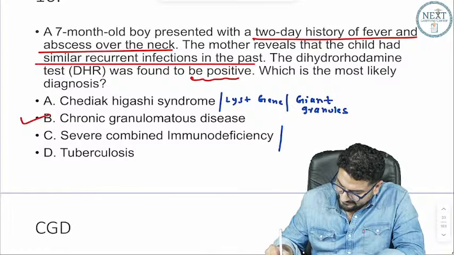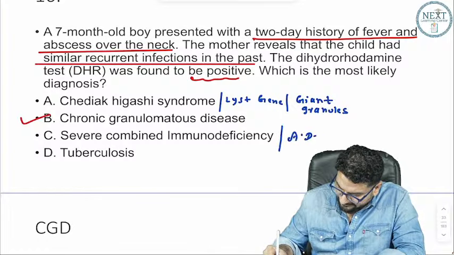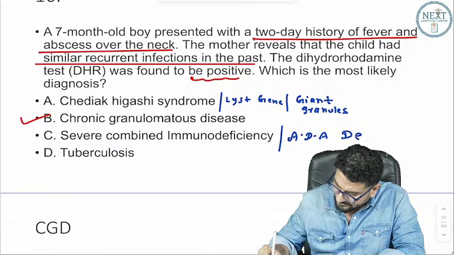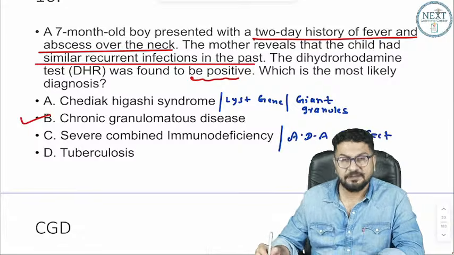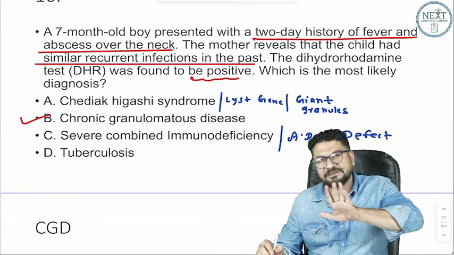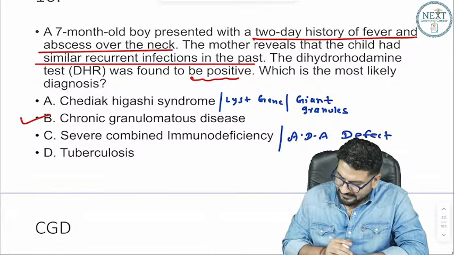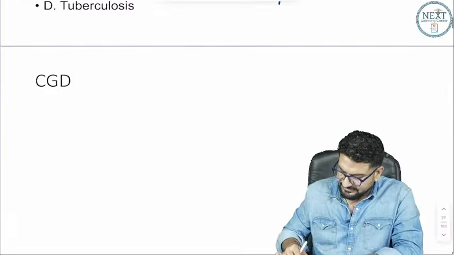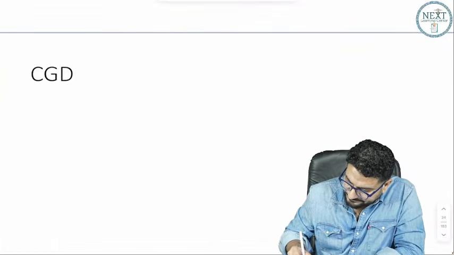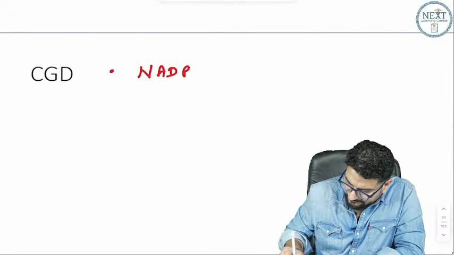This occurs due to adenosine deaminase defect, and there will be a decrease in all cell lines. B cell, T cell, NK cell, all will be decreased. So the answer is CGD. Now what is CGD? Understand. CGD occurs due to deficiency of which enzyme? It occurs due to NADPH oxidase deficiency.